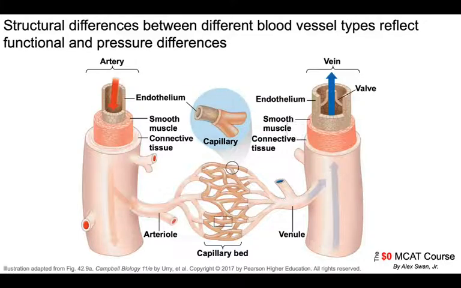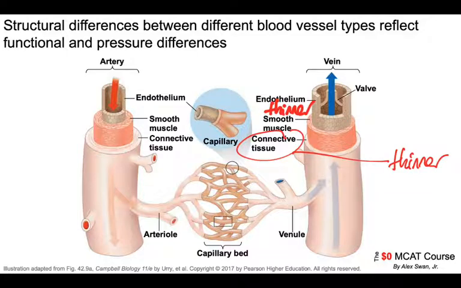This layer of smooth muscle is going to be much thinner, and this layer of connective tissue is actually going to be much thinner as well. So we have a thinner layer of smooth muscle and a thinner layer of connective tissue in the veins when we compare it to the smooth muscle and connective tissue of the arteries.